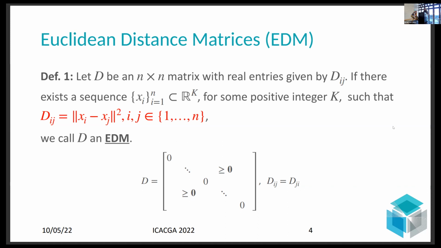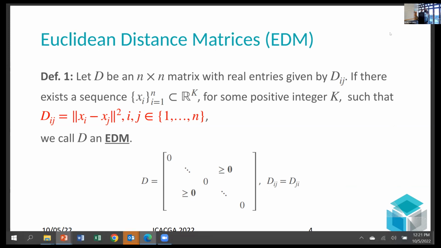So necessarily this matrix must be symmetric and hollow, with no diagonal, and all the entries are non-negative numbers. So we want to find sufficient conditions for a matrix to be an EDM, and also provide a solution, or a realization, for this matrix in the space of minimal dimension possible.